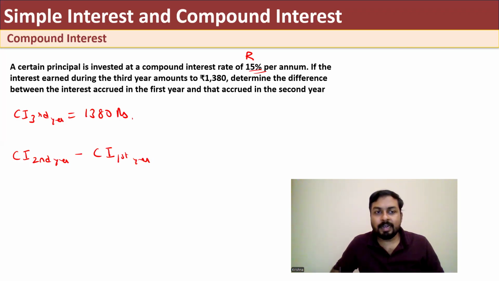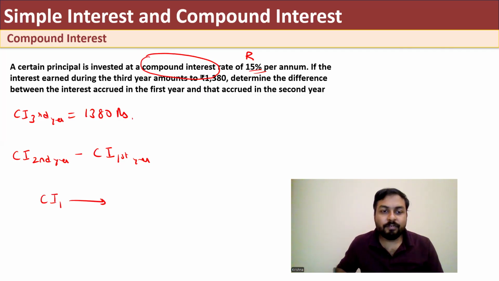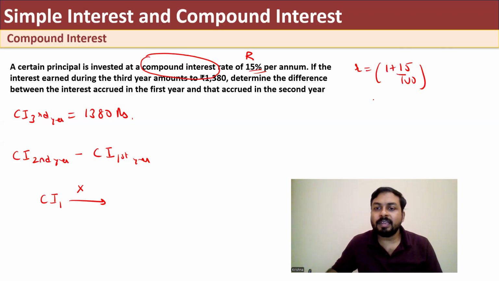Now, we already discussed that the compound interest for specific years is always in GP. So can I say that CI1, if you multiply it with the common ratio, and what is the common ratio? It will be 1 plus R by 100, that is 1.15. Yes or no?